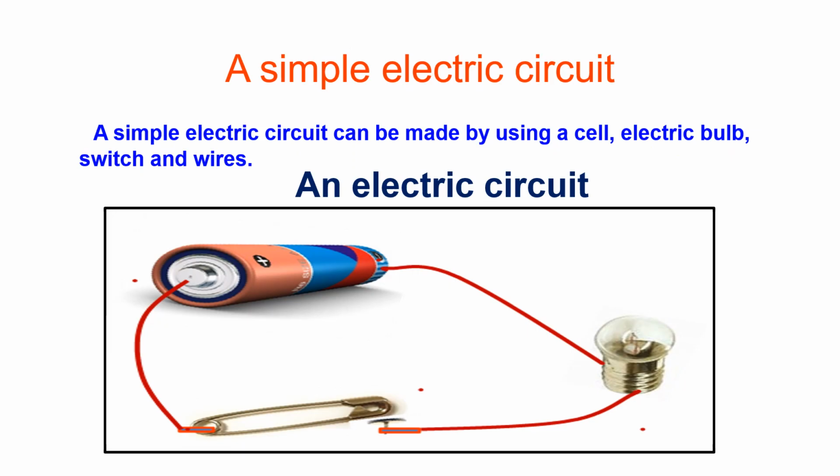So what is a simple electric circuit? A simple electric circuit can be made by using a cell, electric bulb, switch and wire. You see here is a cell, here is a wire connected with the bulb, and here is the switch. We use a safety pin to complete this circuit.